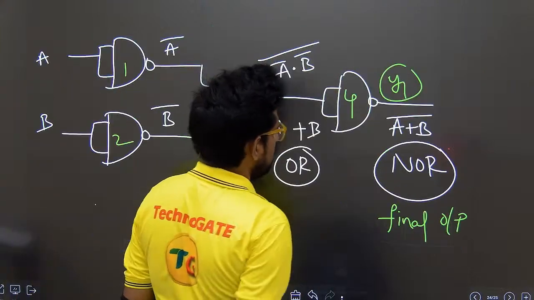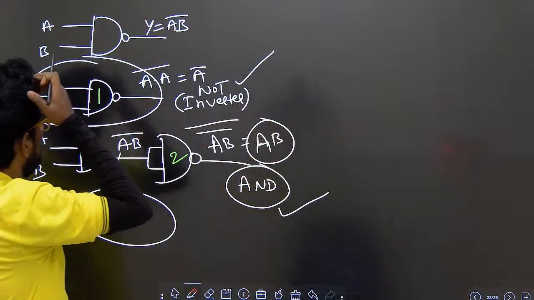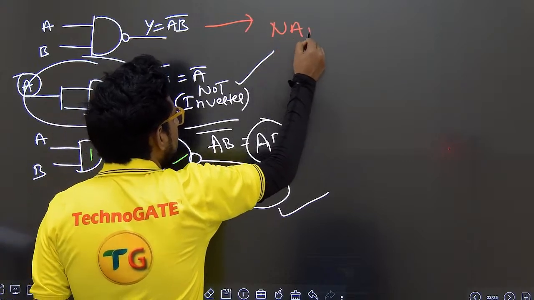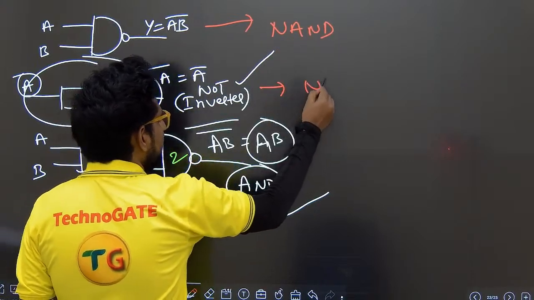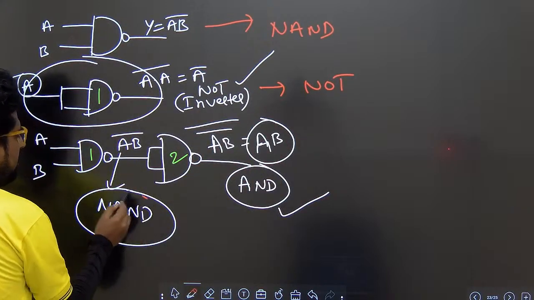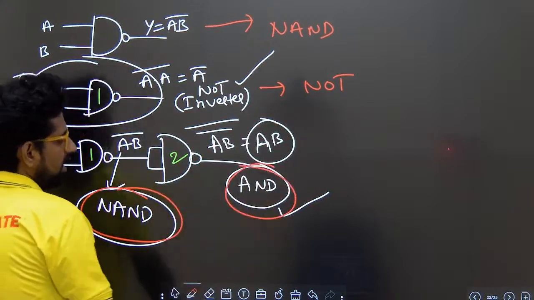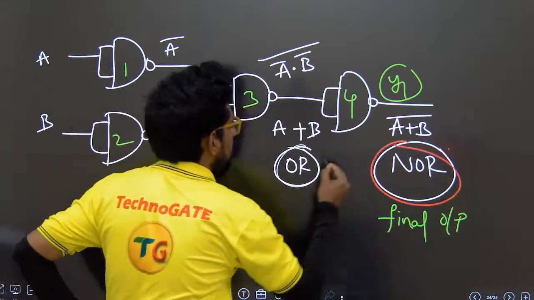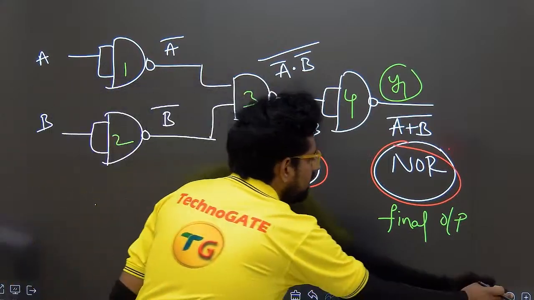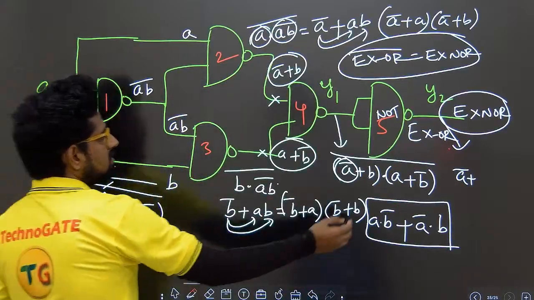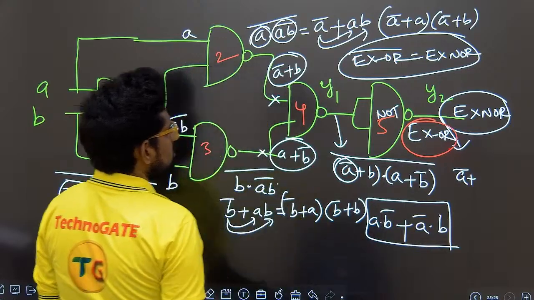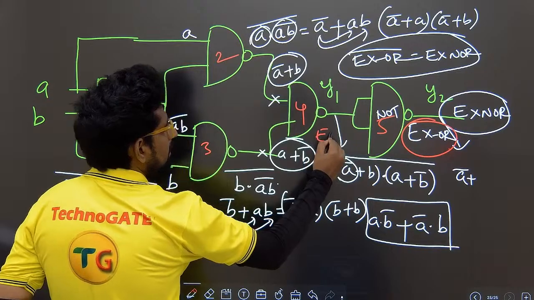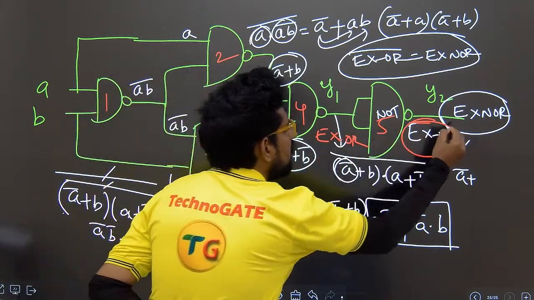You can see here in the first slide, I constructed NOT and AND by using NAND. Then in the second slide, OR and NOR. In the next slide, XOR and XOR bar, which is XNOR.